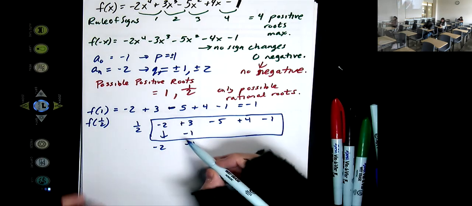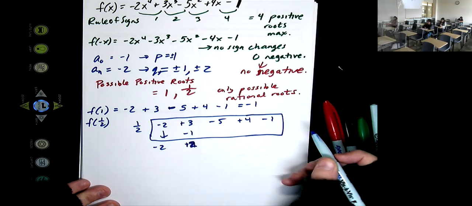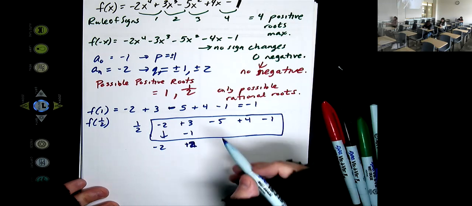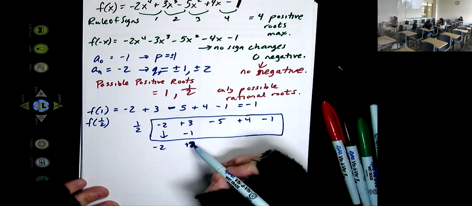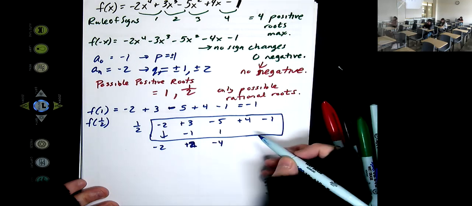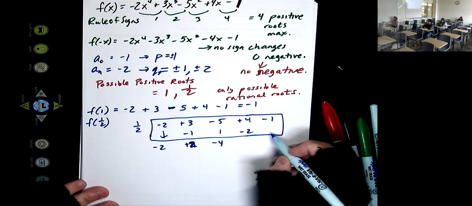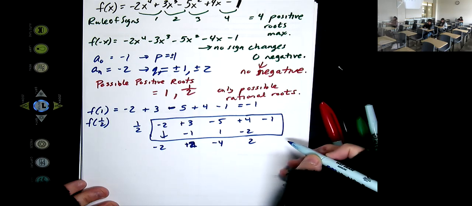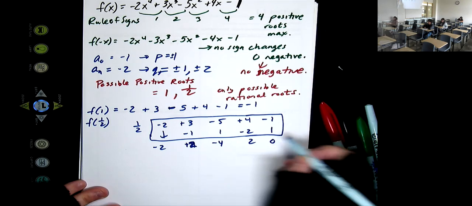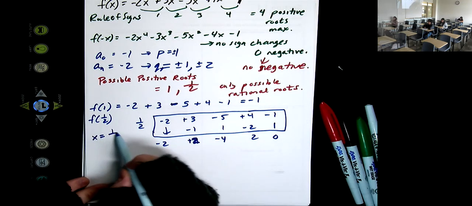There we go. 3 minus 1 is +2. Gotta write down the right signs, don't I? It really just changes things if I don't. 1/2 of 2 is 1. I got -4. 1/2 of -4 is -2. And I get 2. 1/2 of 2 is 1, and I get 0. So x equals 1/2 is a root.